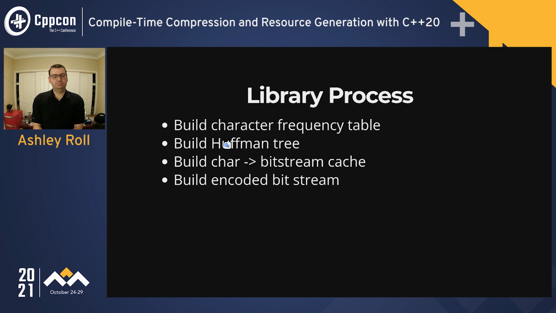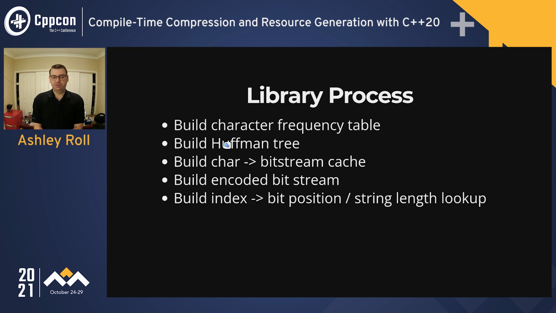After that, we build the encoded bit stream from all of the input strings, and we then build our index data. So we say, what starting bit is each string at and how long was the original string. And we package all that up. We package the Huffman tree down into an array.